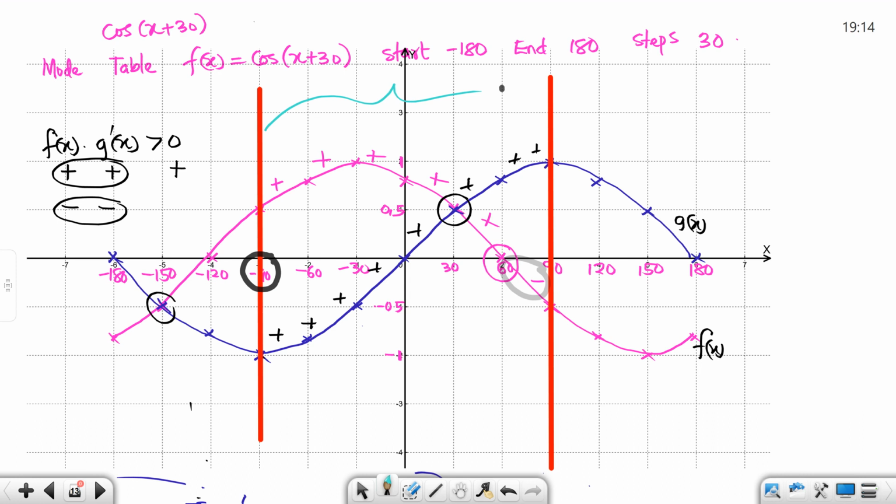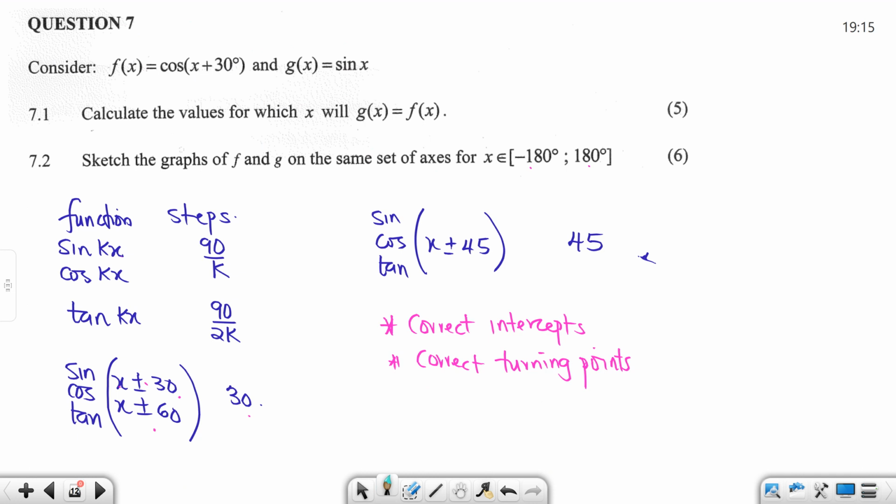When we write it down, we'll say negative 90 is greater than or equal to... Okay, wait, we're going to sort that equal to just now. Let's sort this one first. What do we have? 60. But go back to your domain. Do you see your domain?